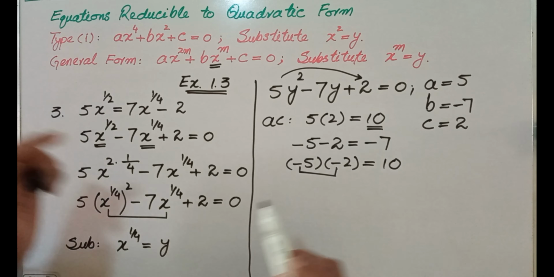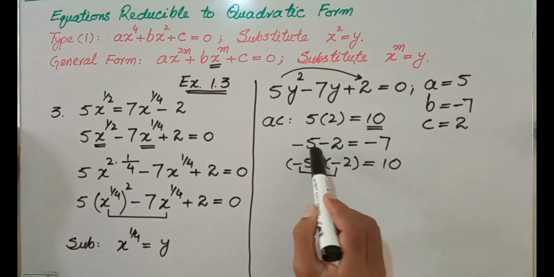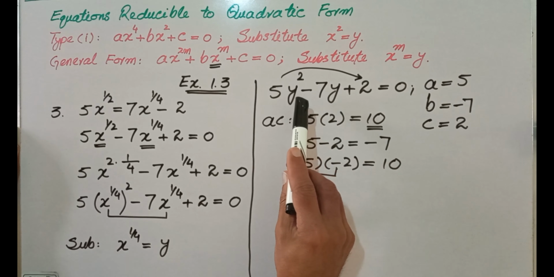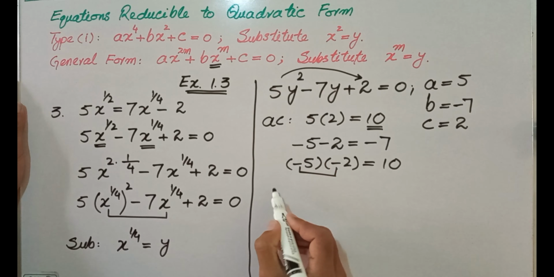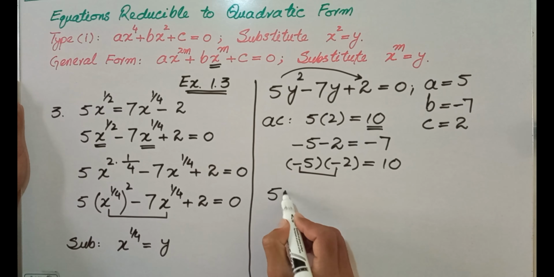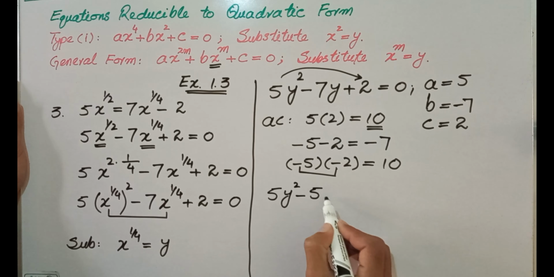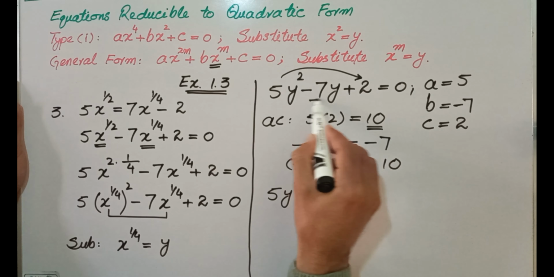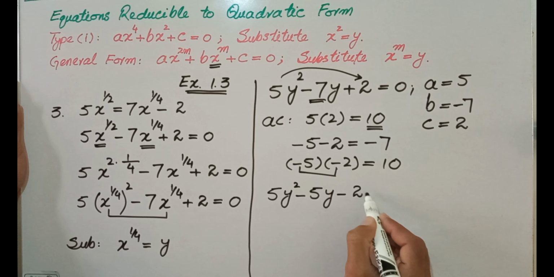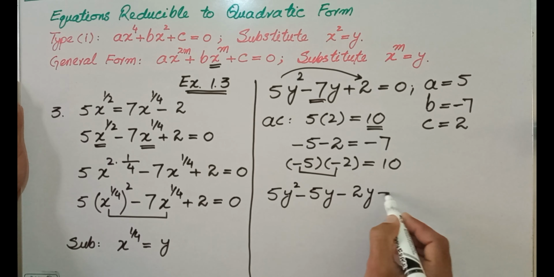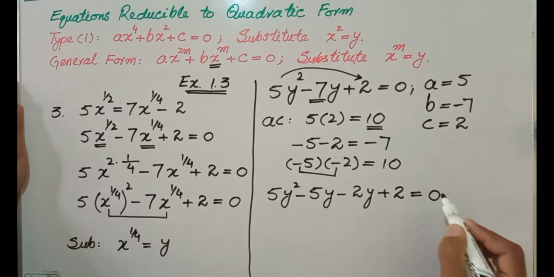Thus minus 5 and minus 2 are such numbers whose product is 10 and their sum is minus 7. Then we can factorize the given quadratic equation as 5y square minus 5y. We will split 7 into minus 5 and minus 2. Minus 5y minus 2y plus 2 equals 0.